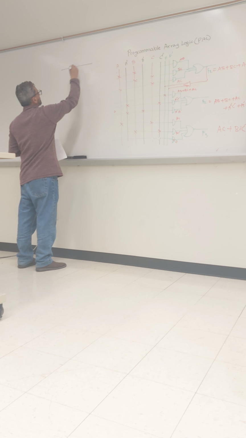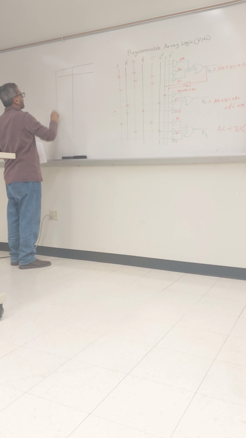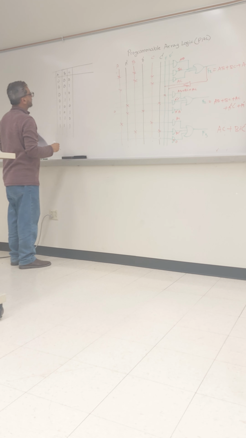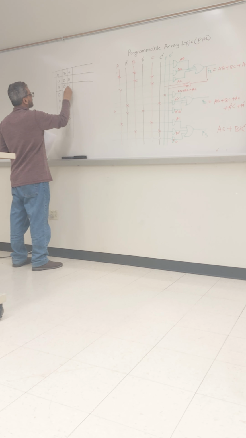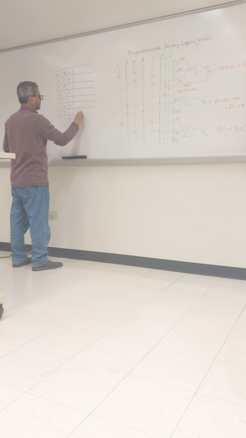For example, we have this input. ABC 0, 0, 0. So it's a 3 input.